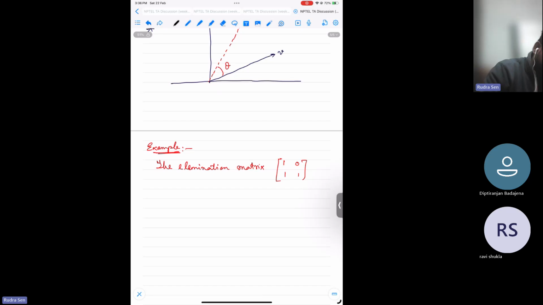This is called the elimination matrix. It gives a transformation from xy to T of xy, and it is defined as x comma x plus y.